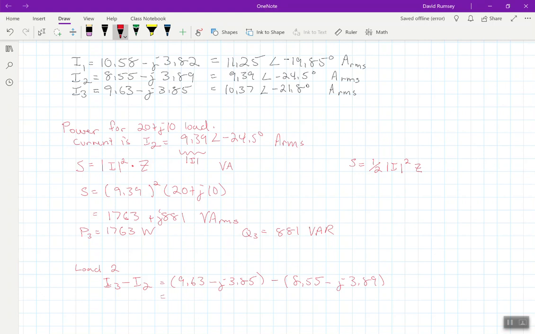So if we did that, we'd wind up with 1.08 plus J0.04 amp RMS.